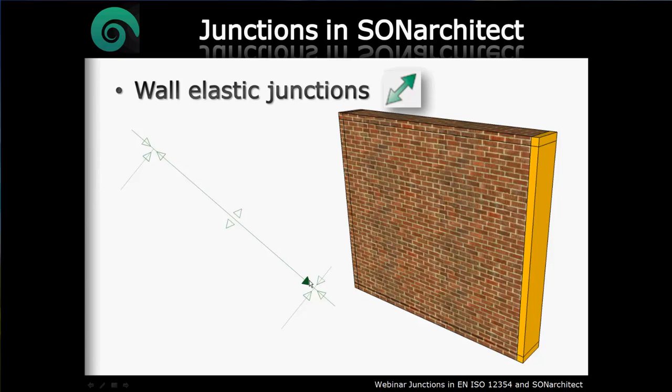To do the same on the left part, we just click on the arrow on the left. And we still have two arrows, one on top and one on the bottom of the line, and of course they mean a resilient interlayer on the bottom of the wall and on top of the wall.